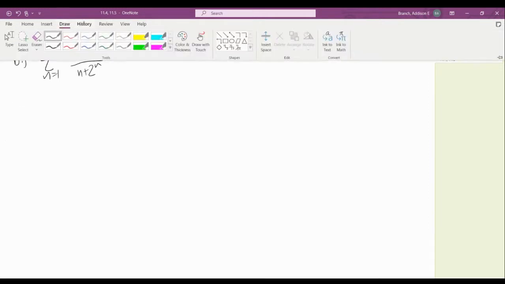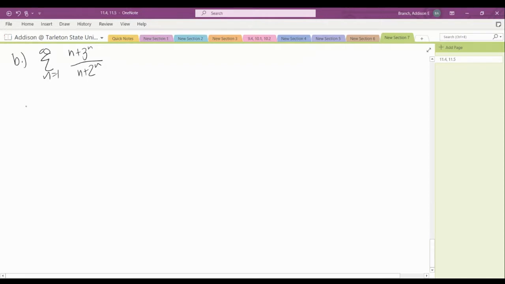So let's go ahead and let our a sub n be our initial sequence. Now, since we're in the form of a geometric series, let's pick our b sub n to be something that is as well. So we're going to do 3 to the n over 2 to the n.